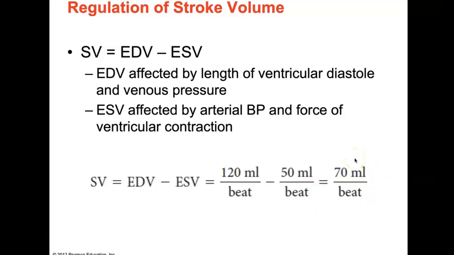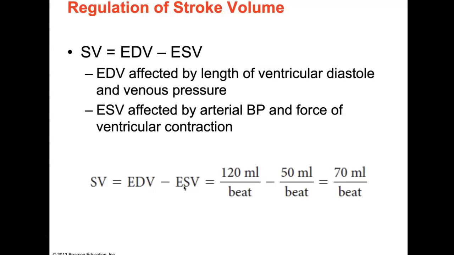So each ventricle pumps about 70 milliliters of blood with each beat, which is about 60% of the blood in its chambers. So stroke volume, therefore, is going to be regulated when both end diastolic volume and end systolic volume are affected as well.